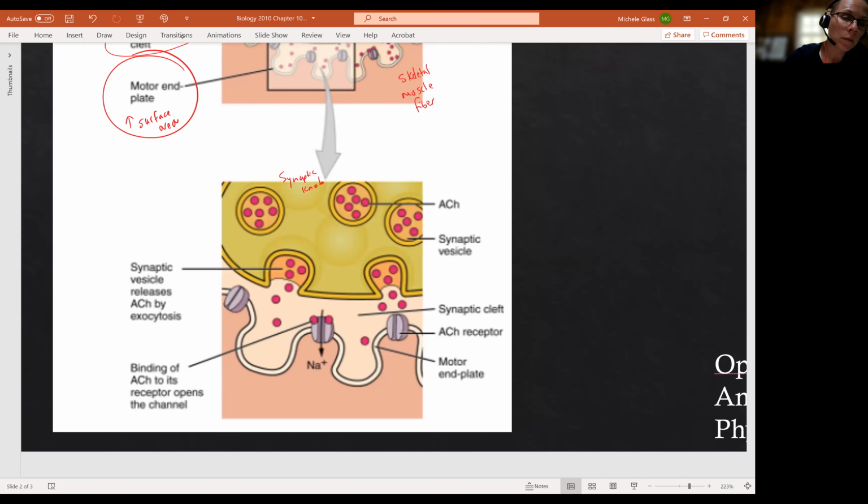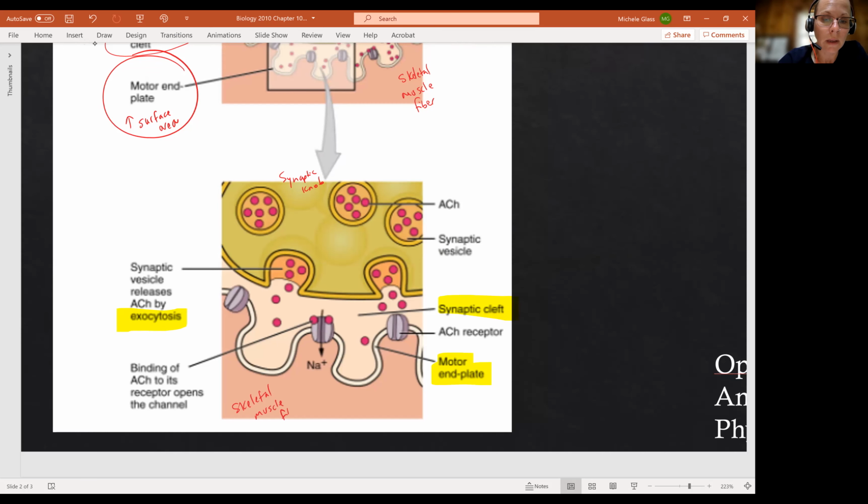Notice the process of release is called exocytosis, where a vesicle fuses with the membrane in order for material to leave. We can see our synaptic cleft, the space between these two cells. We see this highly folded sarcolemma, which is our motor end plate. So we can label this cell again as our skeletal muscle fiber.